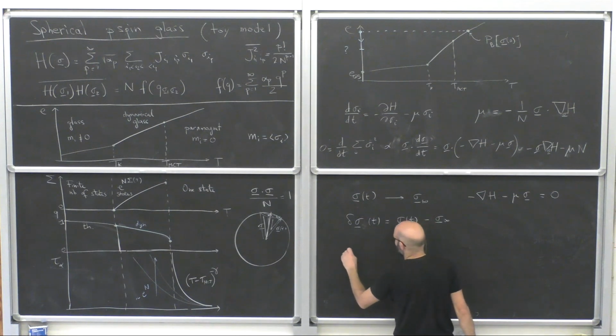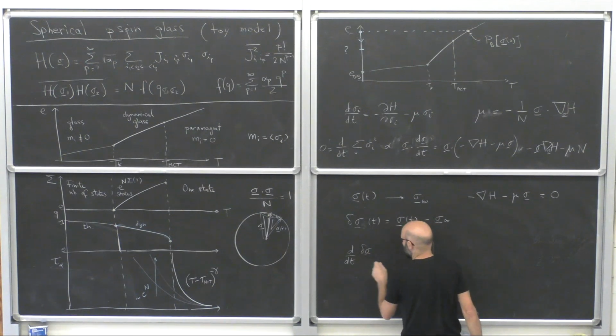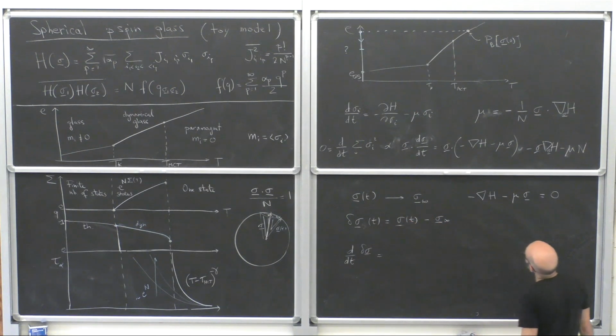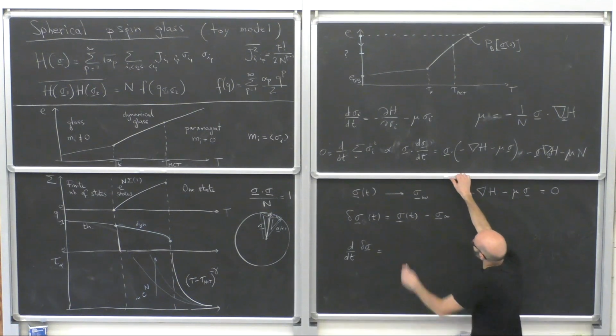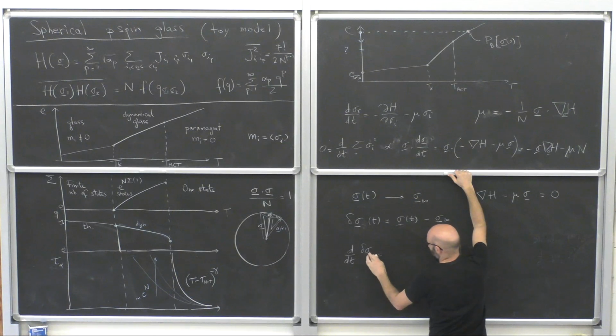So what I get is that the derivative of delta sigma with respect to t is equal to what? Well, I have to linearize this, so maybe I should write it in components.